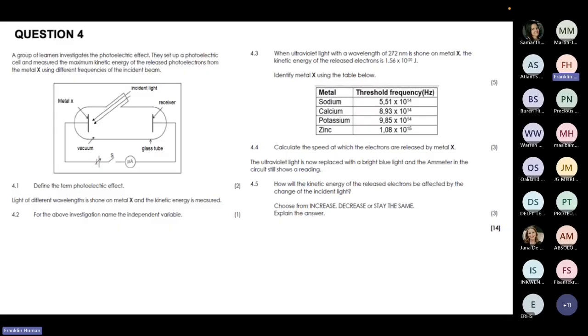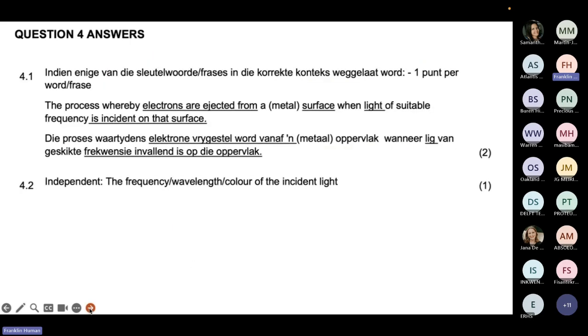In this one, it says we're using different frequencies. So it's no surprise then that our independent variable is the frequency. Can you see? They don't only say frequency, they also say wavelength, and color of incident light, because those things go together.